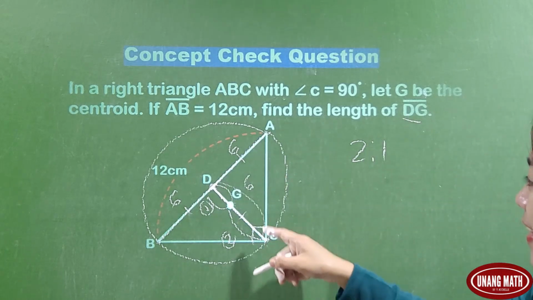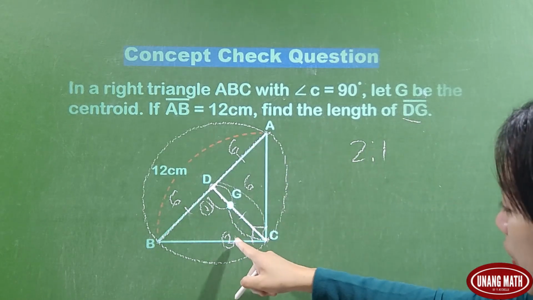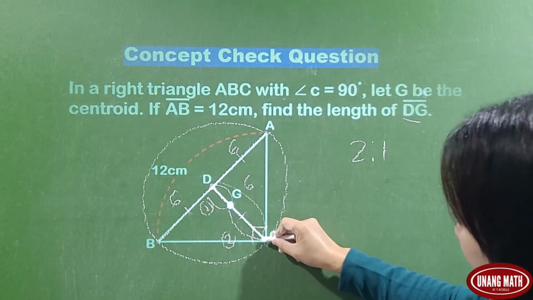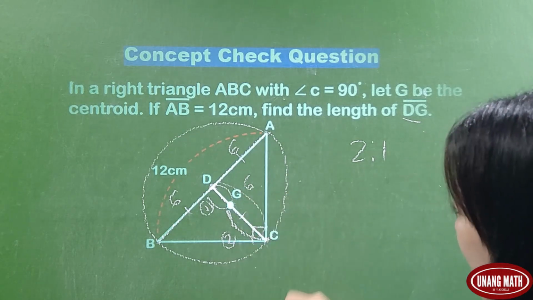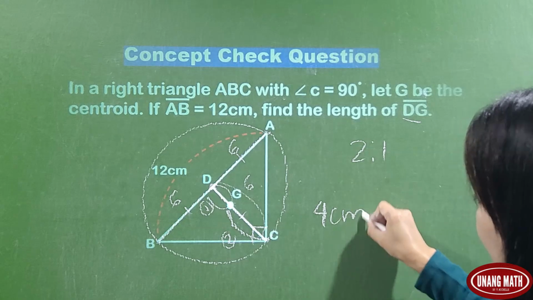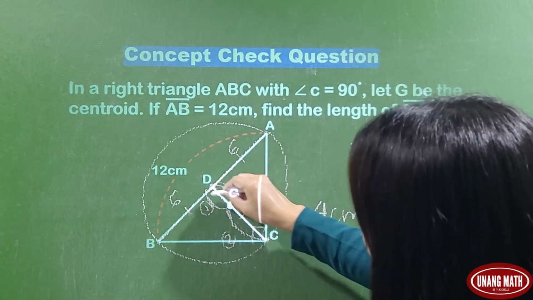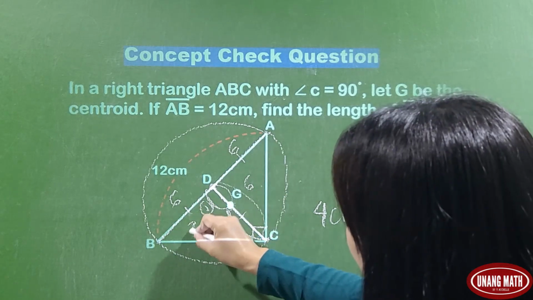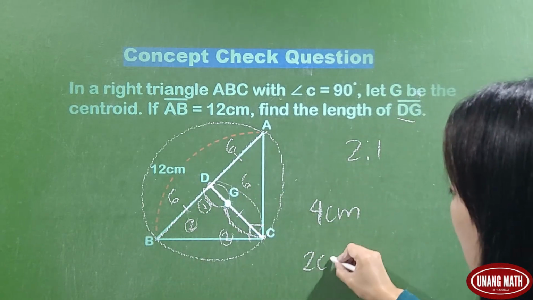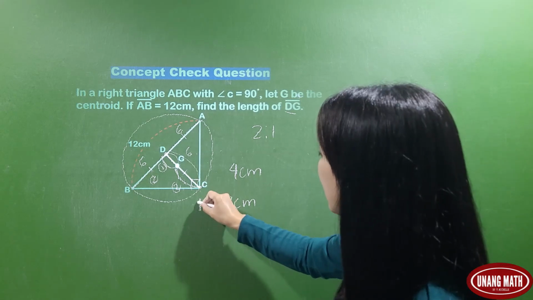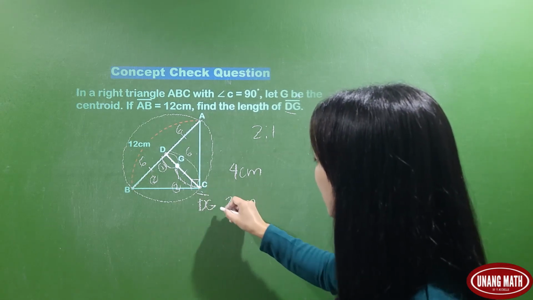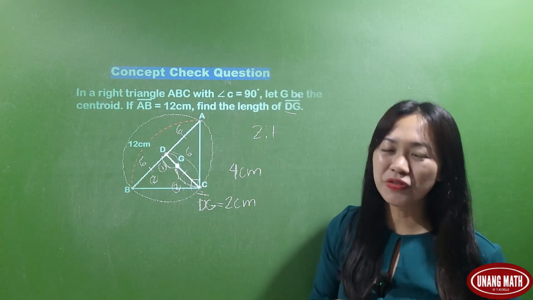CD or segment CD is 6 centimeters. So it means C to G is 4 centimeters. And this segment DG is 2 centimeters. So for segment DG, this is equal to 2 centimeters.